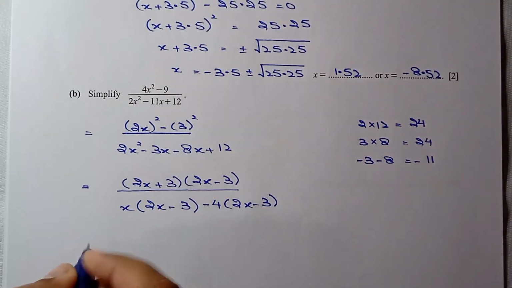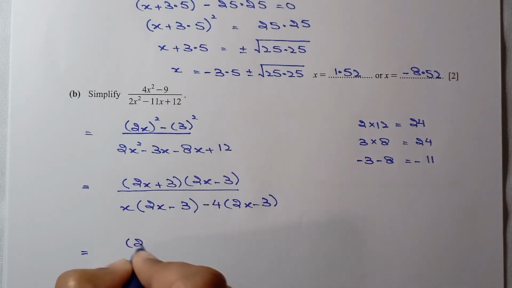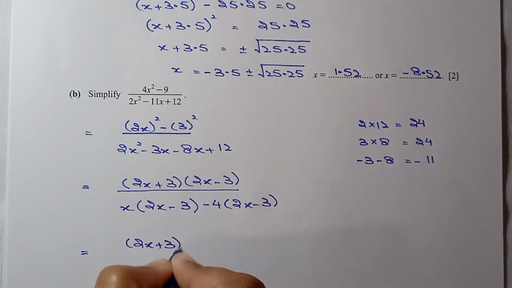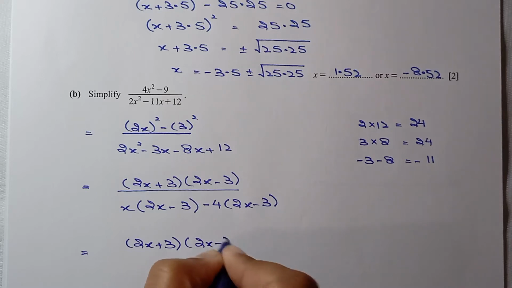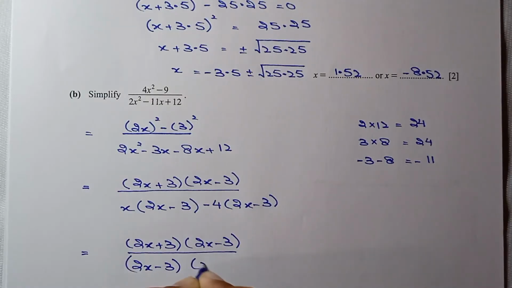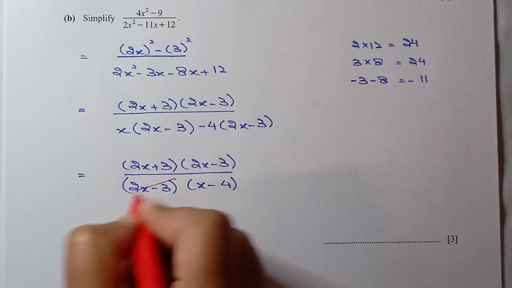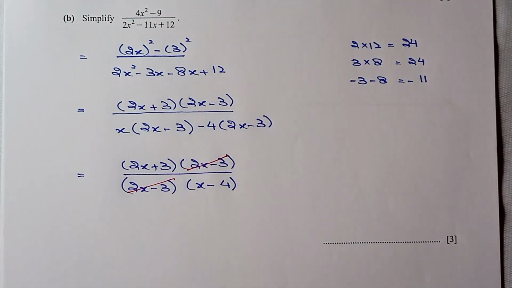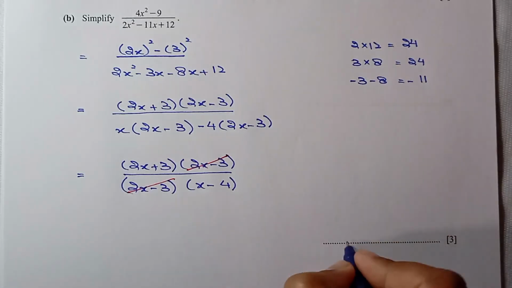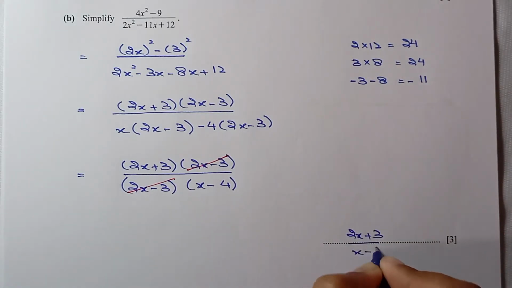Okay, combining the factors in the denominator, so we have 2x plus 3, 2x minus 3 over 2x minus 3 into x minus 4. Now we can cancel the like factors from the numerator and the denominator, and the simplified expression is 2x plus 3 over x minus 4.